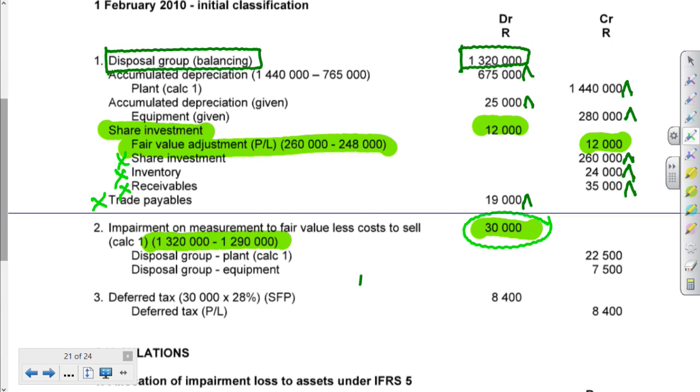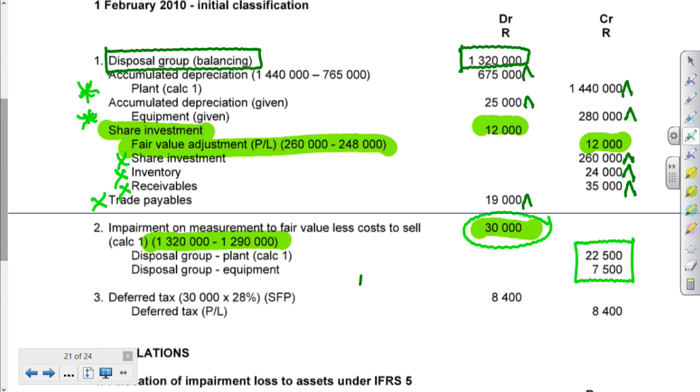It goes only to, therefore, the plant and the equipment. And so you're going to allocate this 30 on these numbers, the net 765 and the 265. This is the apportionment that you should have got: 22,500, 7,500. That's what you got?